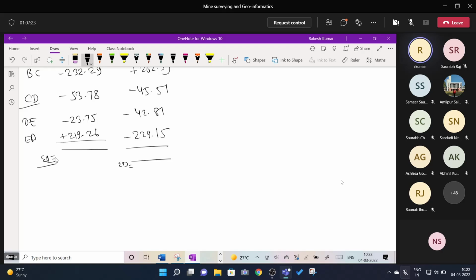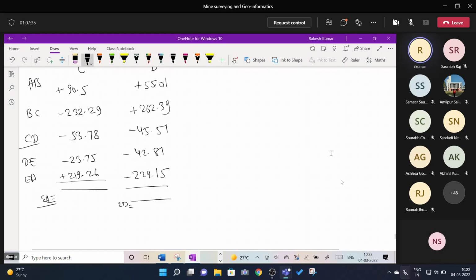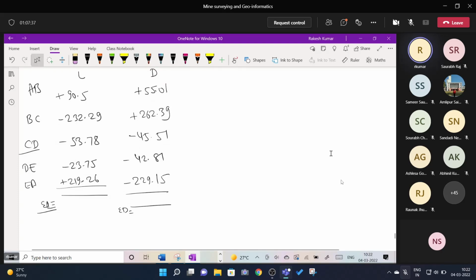How much are you getting here? Sir, summation of latitude is minus 0.06.